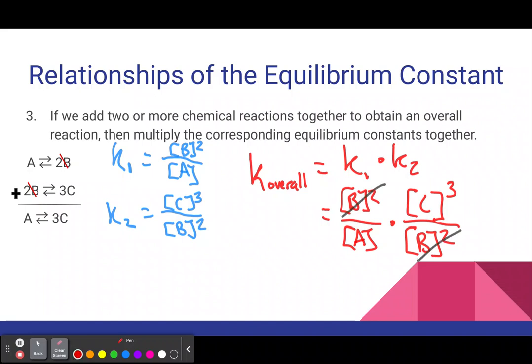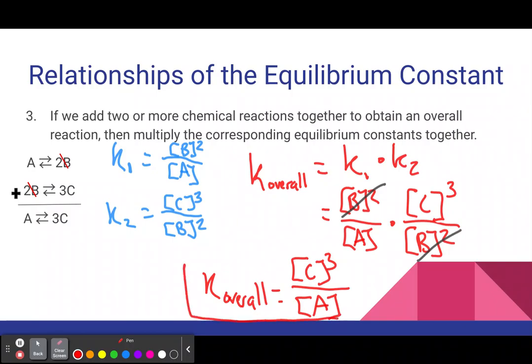And my new equilibrium constant, my K overall for my third equation, is the concentration of C cubed over the concentration of A. And that is my new equilibrium constant for my third equilibrium reaction right here. Okay?